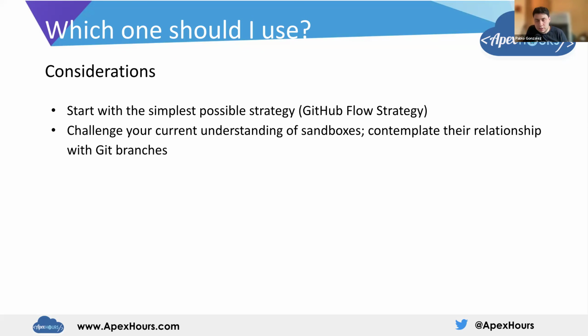Another consideration is I would really like all you 96 people, 94 people that are in this presentation, after this session, to just think about this sandbox versus Git thing. We need more people in the ecosystem to challenge this way. Again, I don't have an answer on whether we should have a Git branch per sandbox, or whether sandboxes are meant to be branches, or are they meant to represent test environments or test targets.